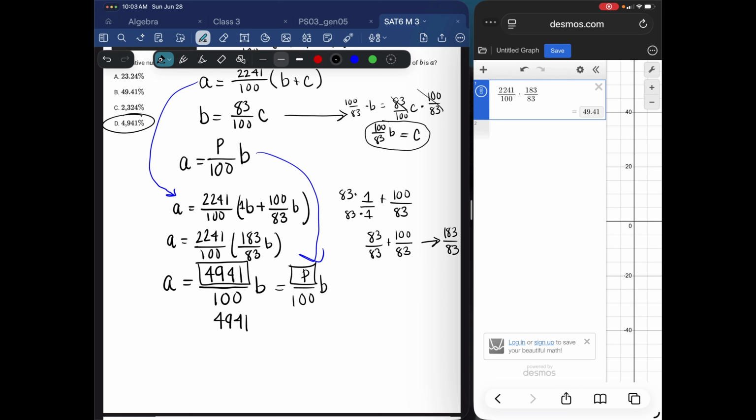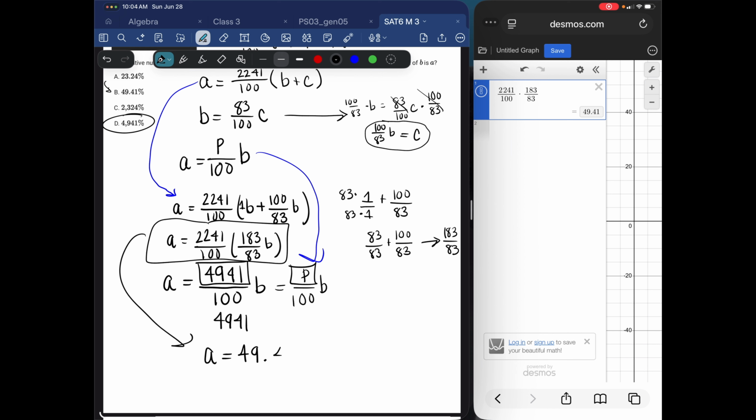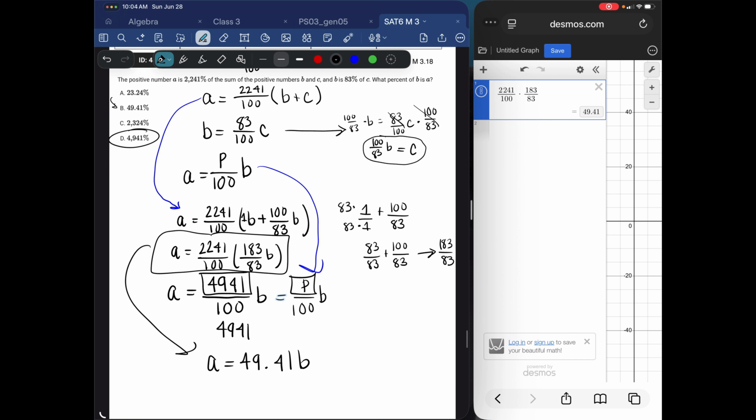And I do want to add why it's not 49.41, because when we do type in the fraction, we get that decimal. So from here, if I wanted to write the decimal form, it would be A equals, we multiply the two fractions, and we got 49.41 B. But the question asks what percent of B is A? It's not 49.41%.